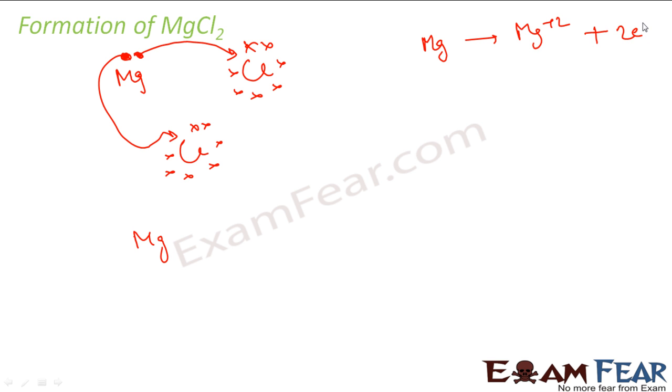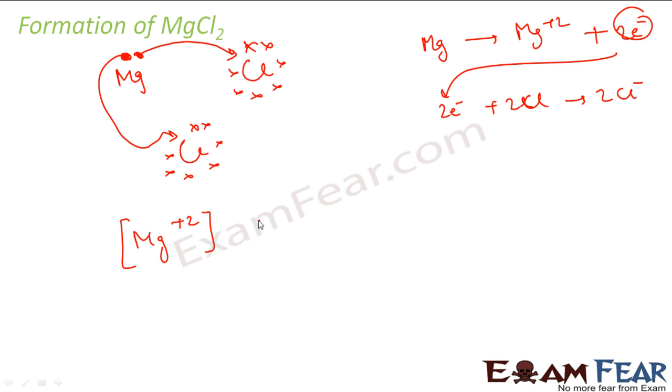These 2 electrons are taken by 2 chlorine atoms, so 2 chlorine minus. Chlorine has a minus 1 charge actually: it has 7 and 1 extra electron is got, and there are 2 chlorine atoms.